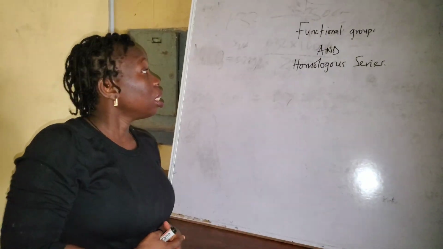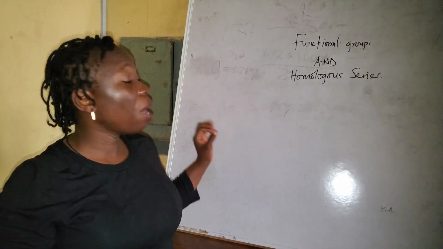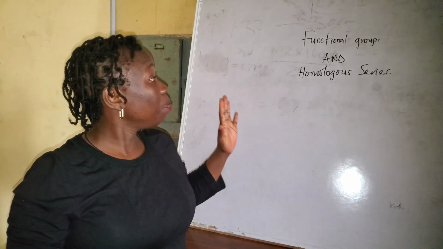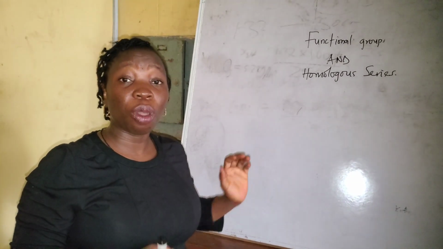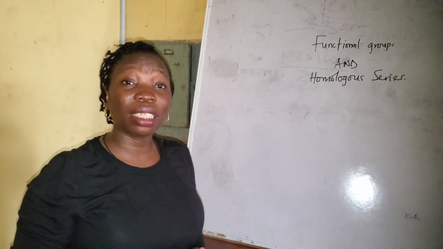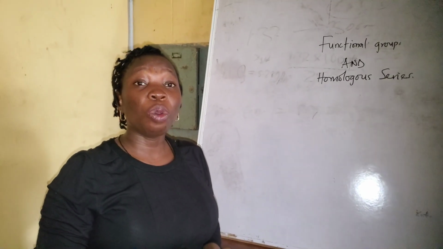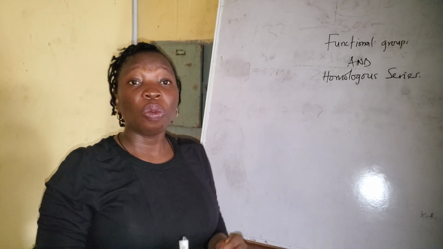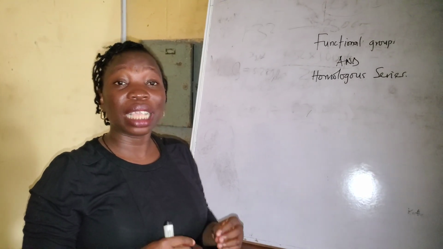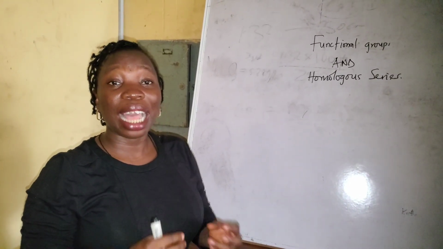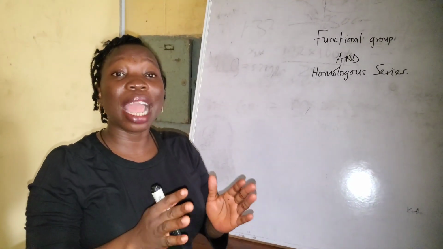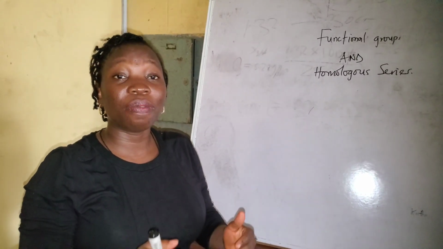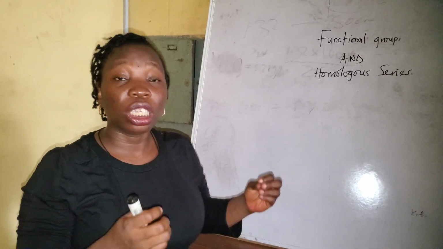Okay, now we'll be looking at functional group and homologous series. The main reason we need to look at this before we start looking at the aliphatic compound properly is so that we'll be able to identify which is alkane, which is alkene, which is alkyne, and also what kind of family you can classify a hydrocarbon into.